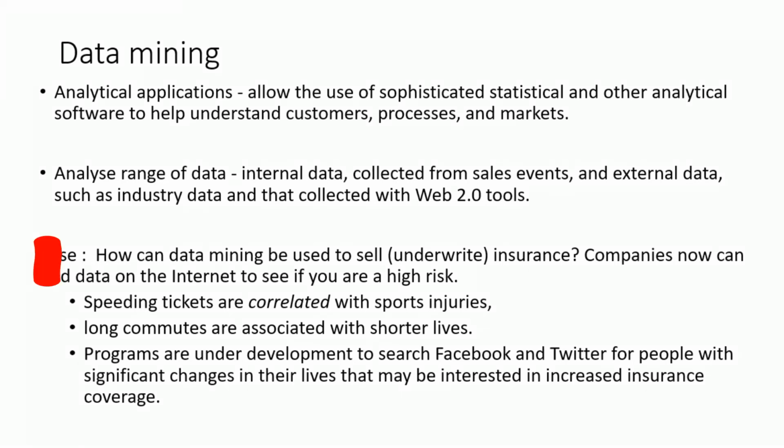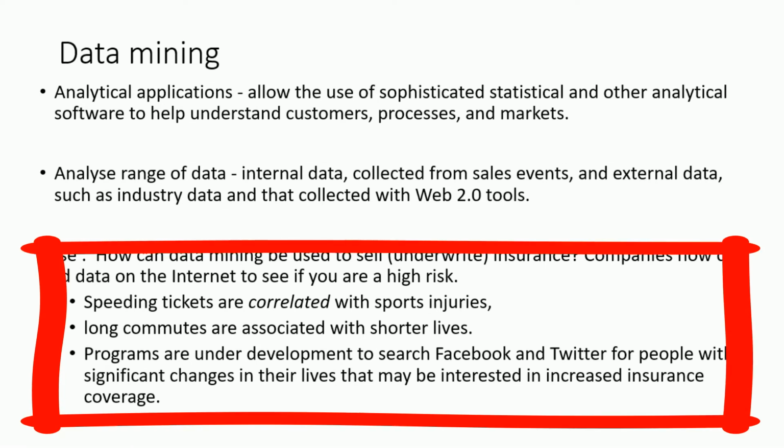Here's a case example. How can data mining be used by an insurance underwriter? Companies now can find data on the internet to see if a customer or potential customer is high risk. For example, speeding tickets can be correlated with sports injuries, and there's a high correlation.